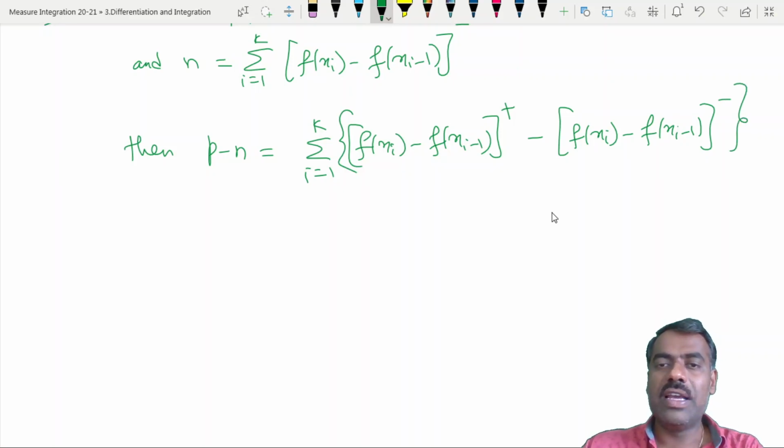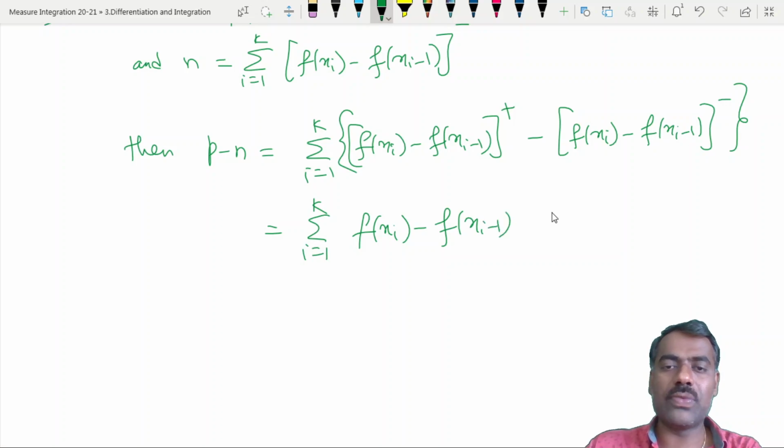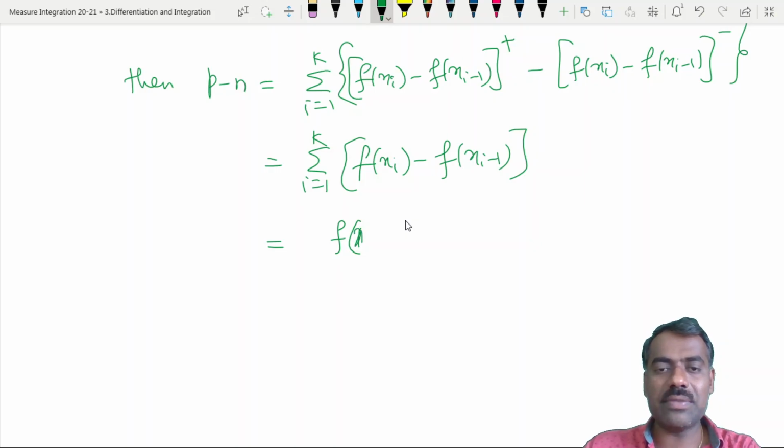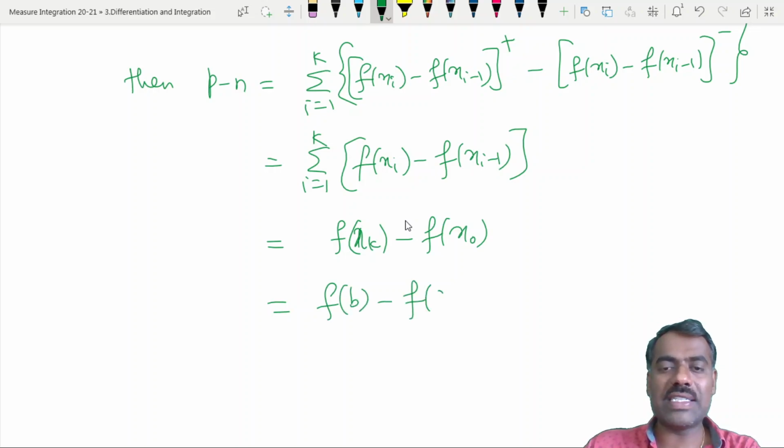So this is just like g plus minus g minus, which is the same as g. Therefore what you have is the sum from i equals 1 to k of f of xi minus f of xi minus 1. Again you expand this and all the terms get cancelled except two. What is that? It is nothing but f of xk minus f of x0, but xk is b, so you get f of b minus f of a.